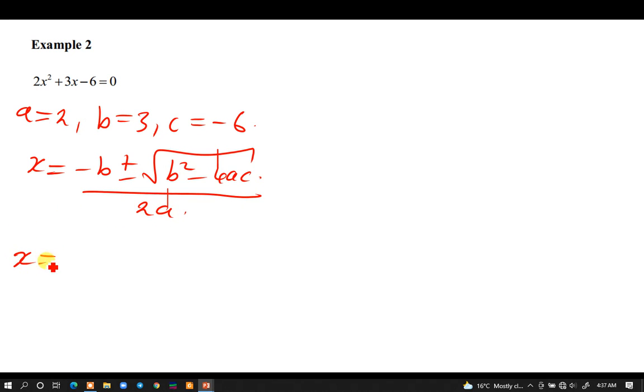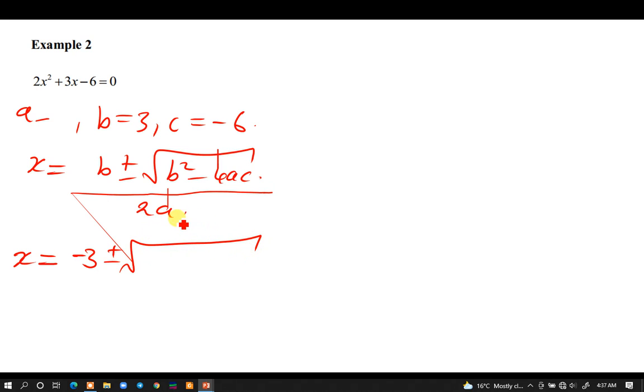So the value of x will simply be negative b, which is negative 3, then we have plus or minus the square root of b squared.